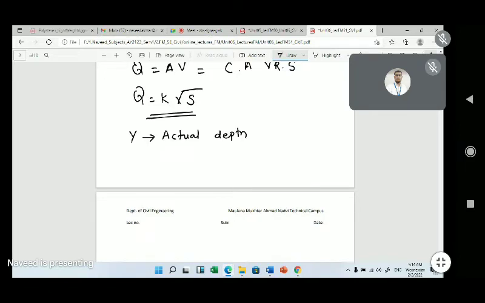In the derivation I already explained, but I will say once again, YC is the critical depth of flow when Froude number is 1, and YN is the normal depth of flow.